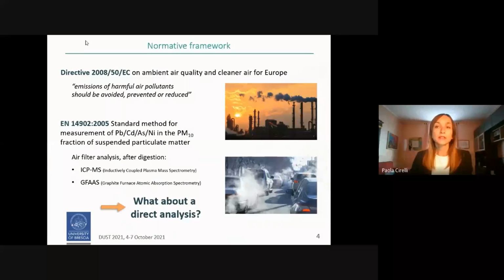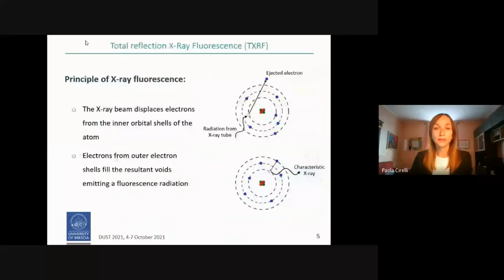Recent studies have shown that it is possible to exploit total reflection X-ray fluorescence spectrometers for the direct quantitative analysis of air filters. Total reflection X-ray fluorescence analysis shares the same principles of classic X-ray fluorescence. When the sample is hit by an X-ray, an electron from the inner orbital shell of the atom is expelled.